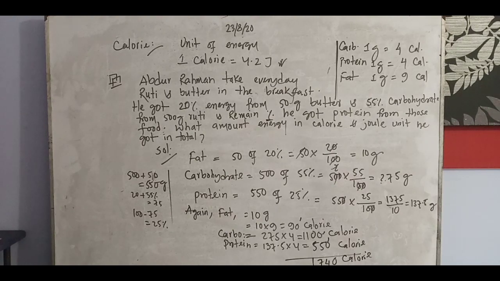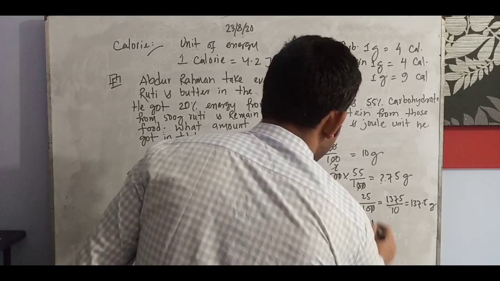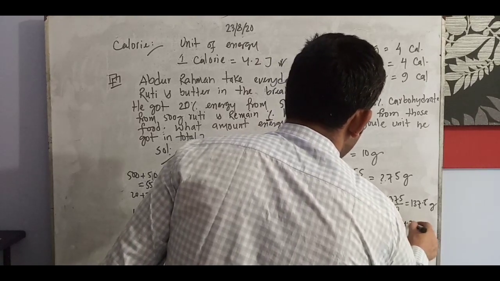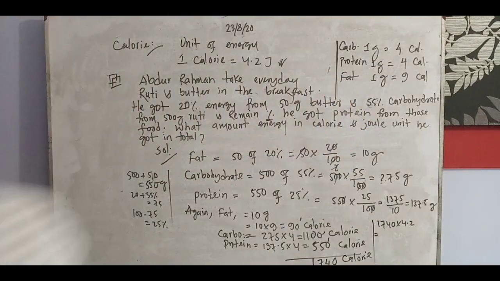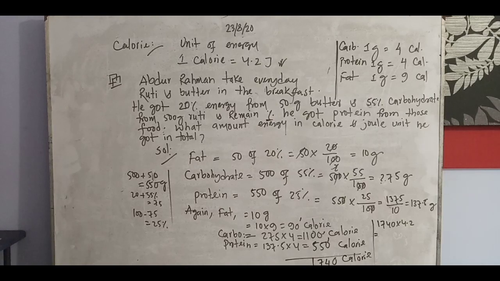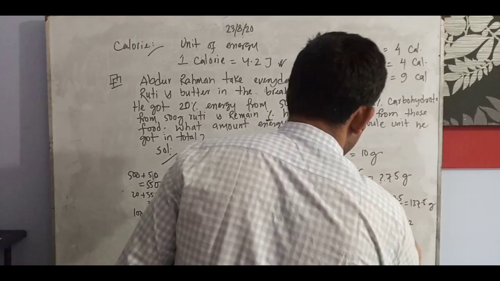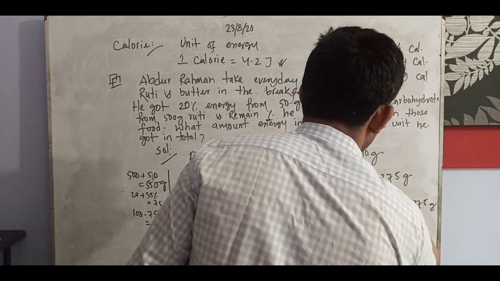And importantly, yes, actually, Mehrabul Aftab and Tahlil responded, they are very good to see. They already did it. I can do it here: 1740 into 4.2. What did they write? They already mentioned 7308 joule.